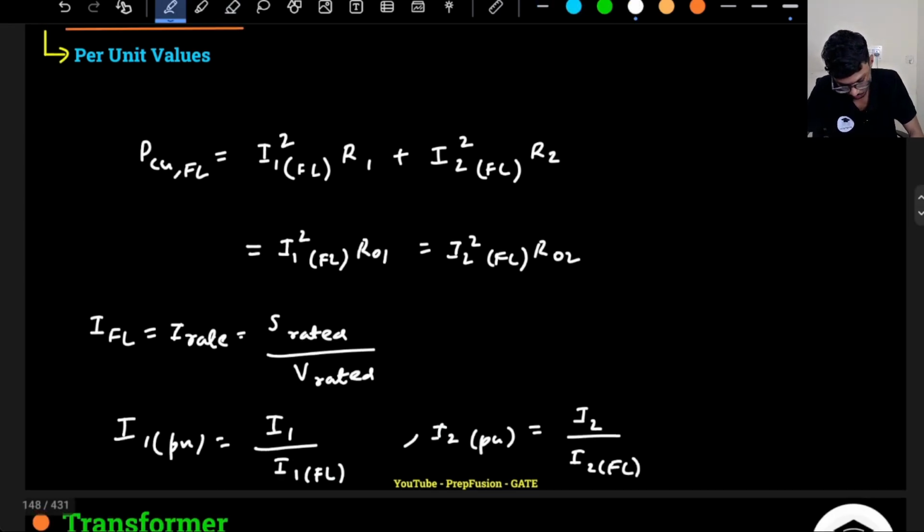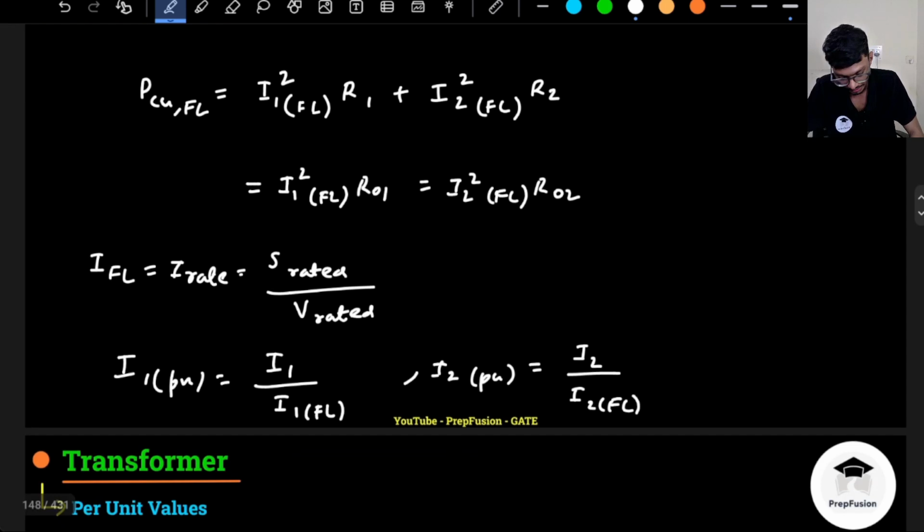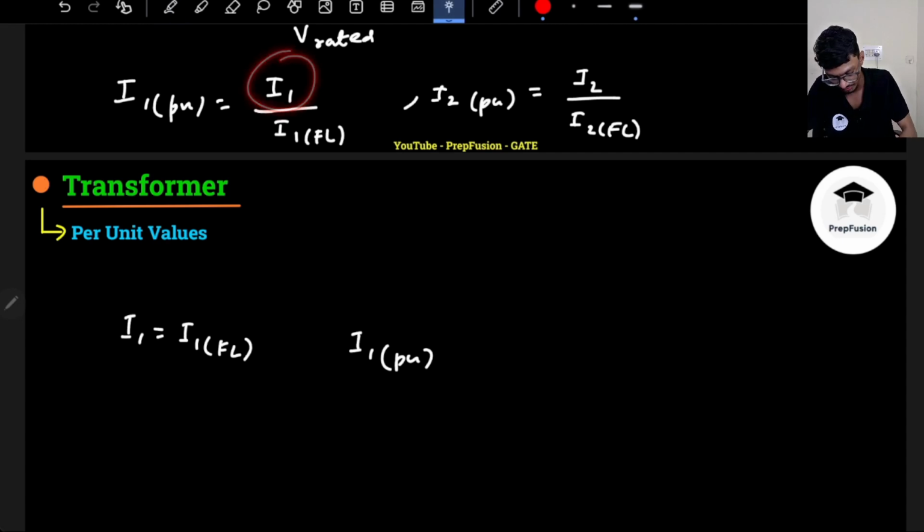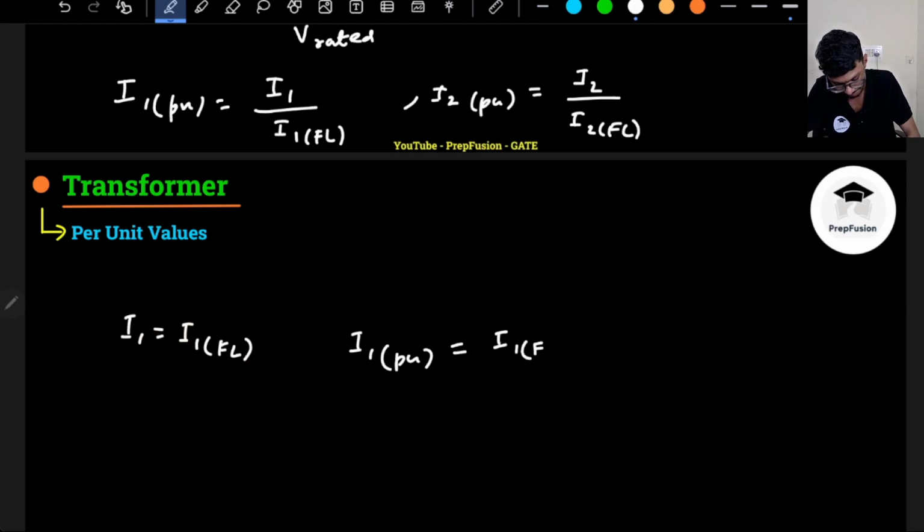Okay, so if my I1 actual value is I1 FL, what will be the per unit of I1? Here instead of I1 I will replace I1 full load, so it will be I1 FL divided by I1 FL, so it will be 1 only, 1 pu.